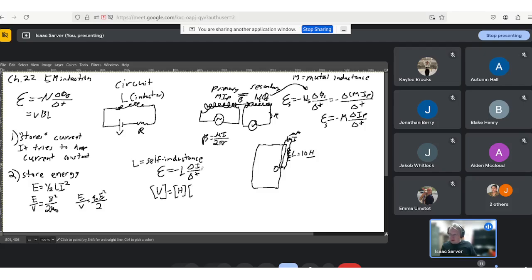And then we have here the current per unit time. So that's an amp per second. And so we solve for a Henry. And so one possible set of useful units for the Henry is a volt second per amp.